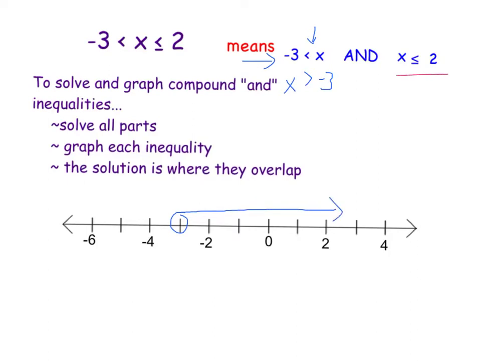To graph this portion, x has to be less than or equal to 2, so we're going to put a closed circle at 2, and it's all of the solutions this way. The total solution is where they overlap. So it is this part right here.